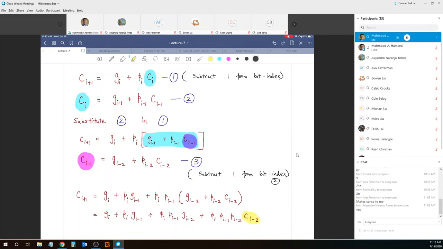That is the smallest carry, the initial carry. If I was able to do that, you're going to have a bunch of terms with G and P that are independent of carry, but only the last term will depend on C sub 0. So we are trying to move towards an equation that will be independent of the number of bits. So let's try to do that.